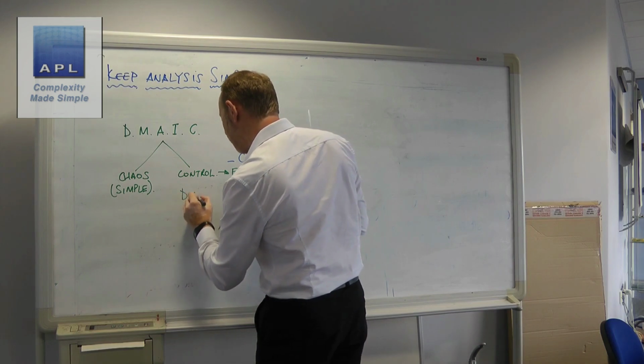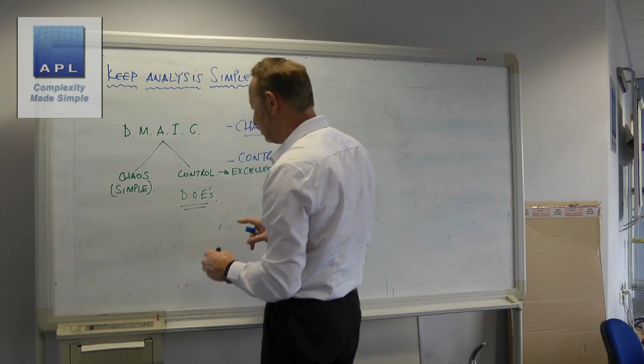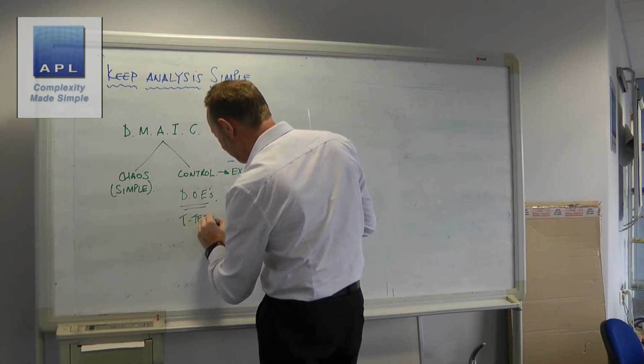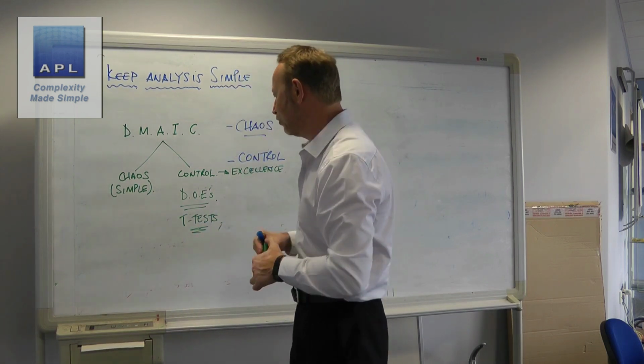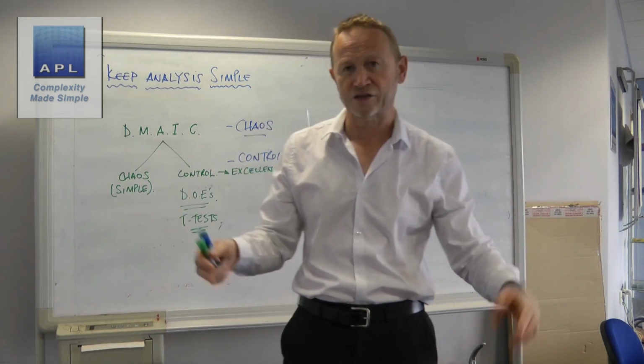You're often doing designed experiments. At that point, what would I expect you to do? Then I would expect you to get very fancy and complex, get the statistical tools out the box, do t-tests.